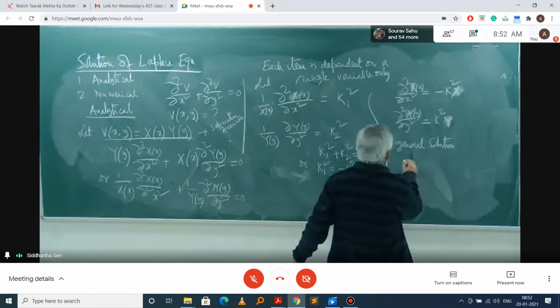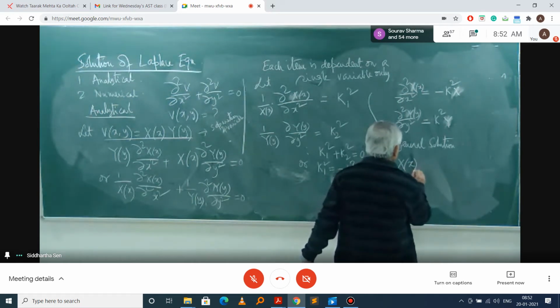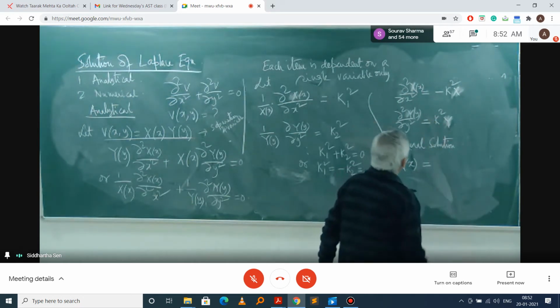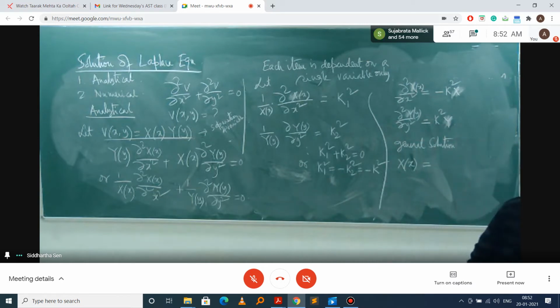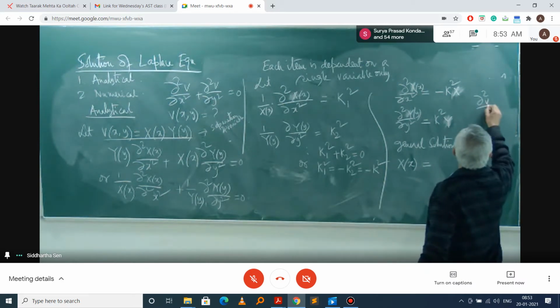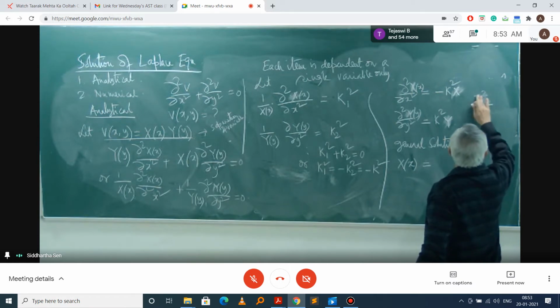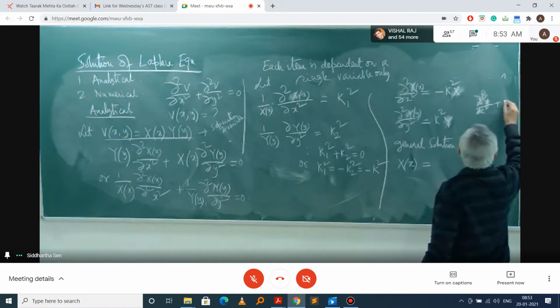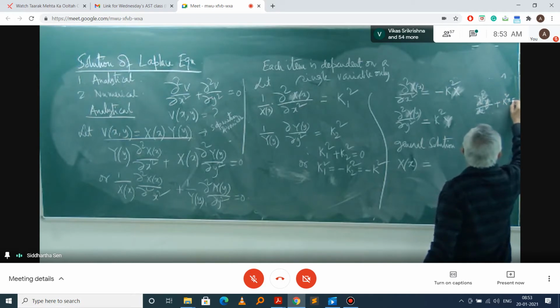So what is your solution? What do you think? It is basically d2X by dt square, or d2X by dx square, I can say, plus K square X equal to 0.